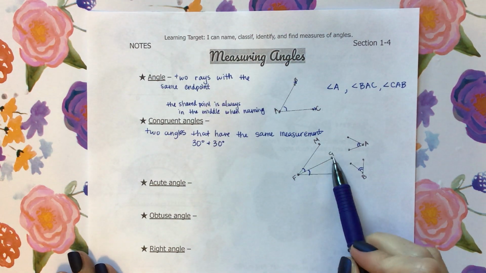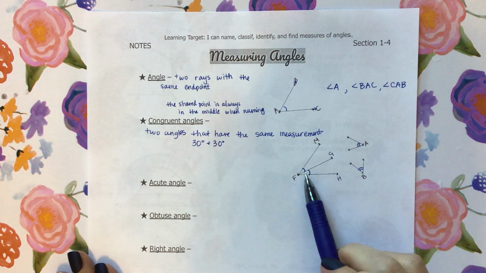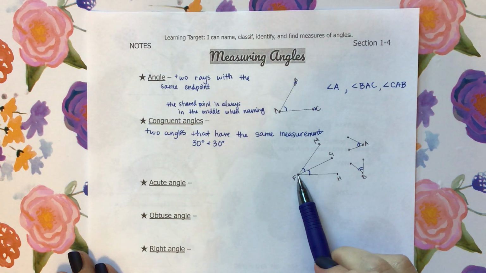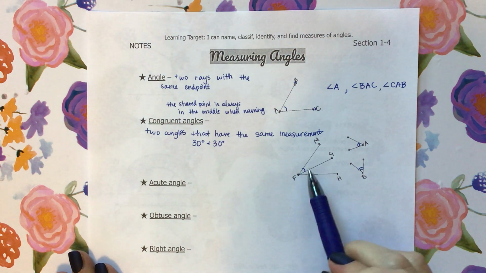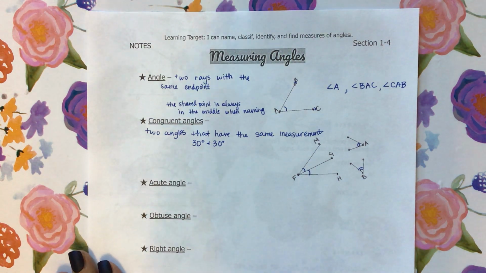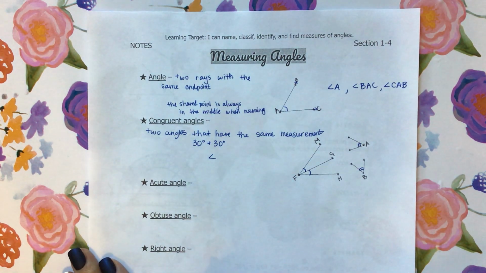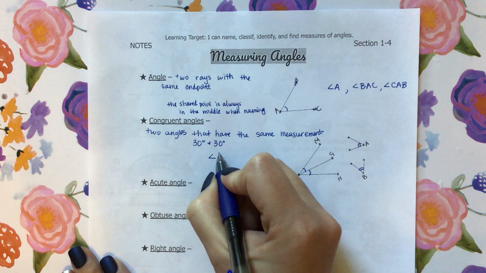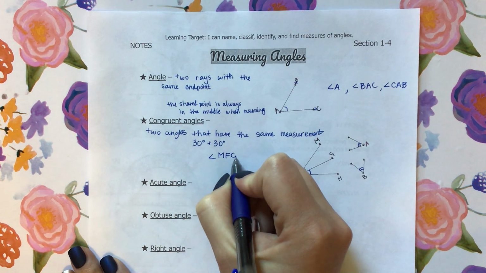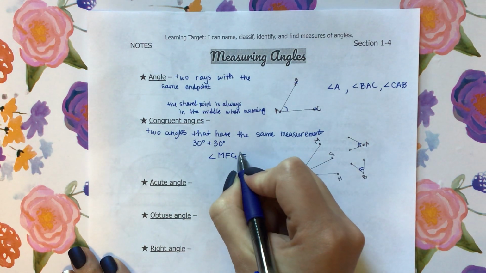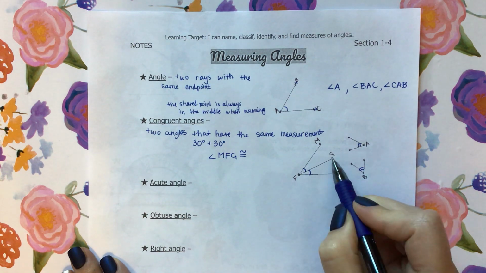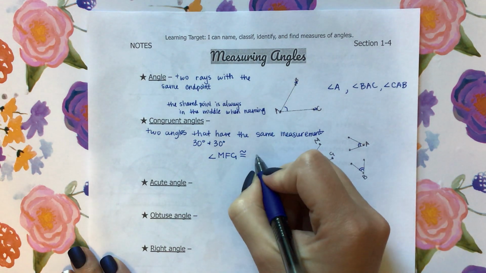Does it mean the top half, the bottom half, or the whole thing? So if there's ambiguity, then you have to be specific and use 3 points to label your angles. If I wanted to say that those two things were congruent, I would say angle MFG is congruent to GFH.